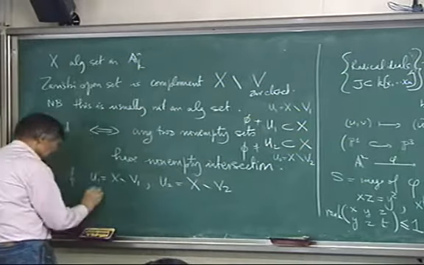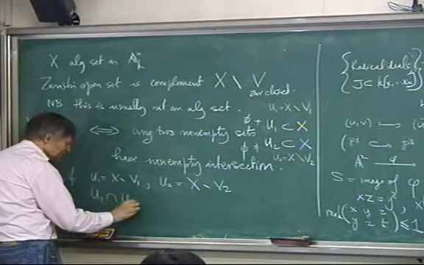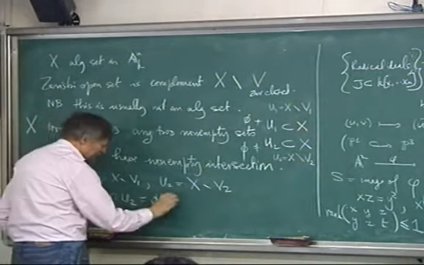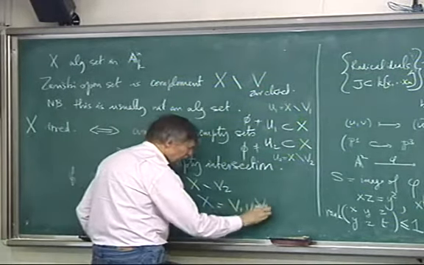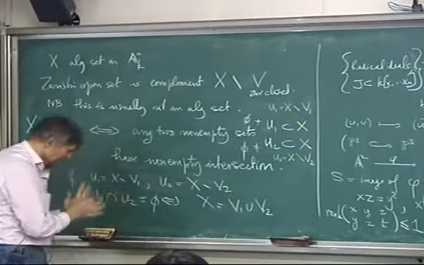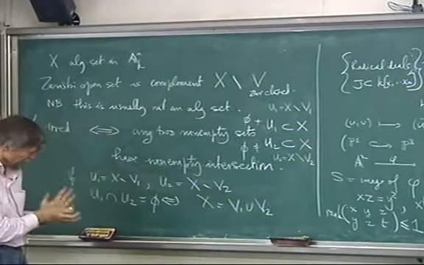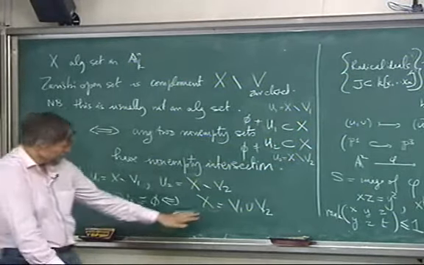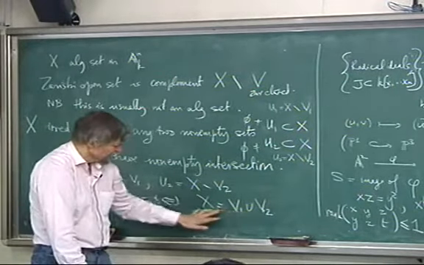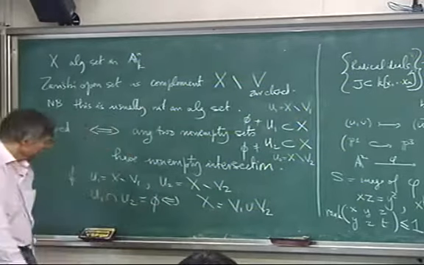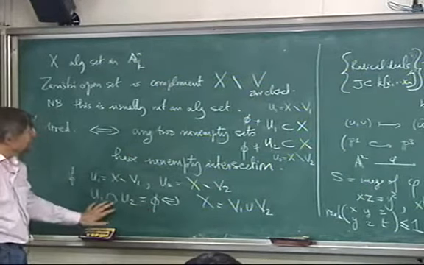Then U1 intersect U2 equals empty means exactly that X is V1 union V2. This is just a tautology, a trivial statement. I'm just taking the complement of the definition. The definition of irreducible is that this doesn't happen, and saying that means this.